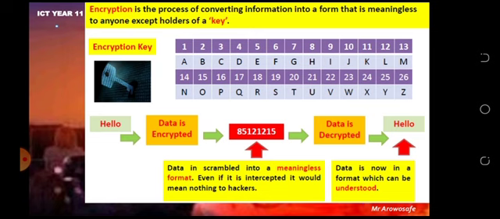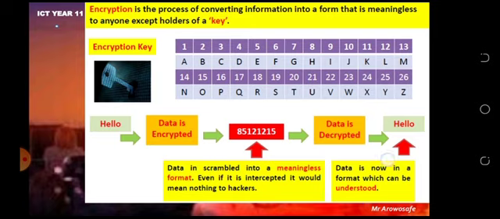So E is representing 5, and like that. So before someone can understand this encrypted file, that person must have an encryption key. I hope you are getting this concept.